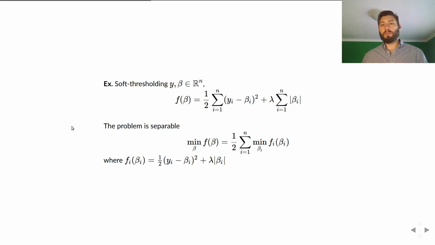But at the moment, I just asked you, if we're trying to minimize this objective, which is some function of beta, and we know that the problem is separable. It's equivalent to minimizing individually each of the components of beta, and each component is an argument to a function, this f_i of beta_i, which is equal to the following thing. So this is a univariate function, and we're just trying to minimize this.